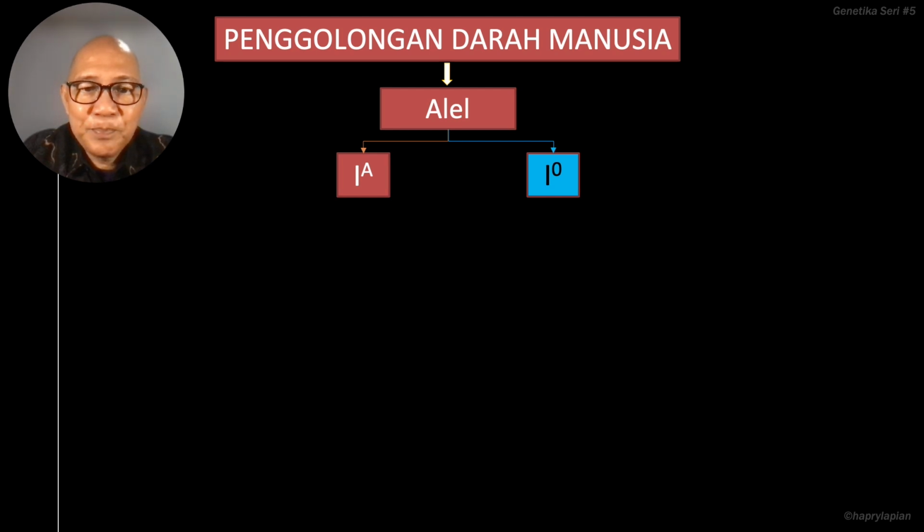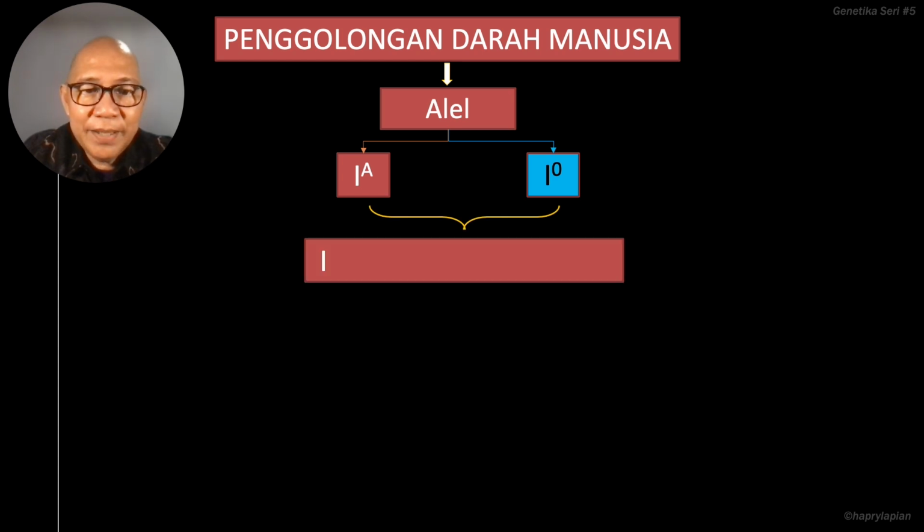For example, the combination of alleles A and O will follow the principle of dominance described by Mendel. In this case, IA is dominant over IO.